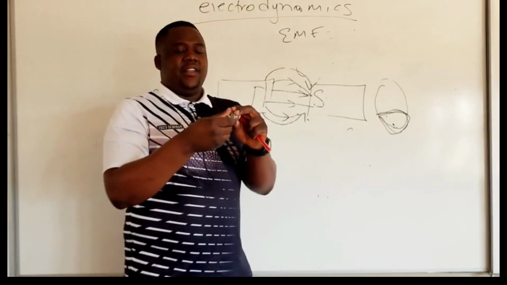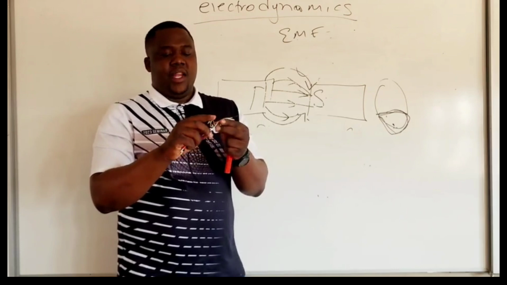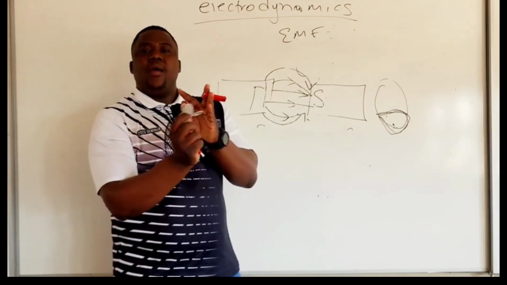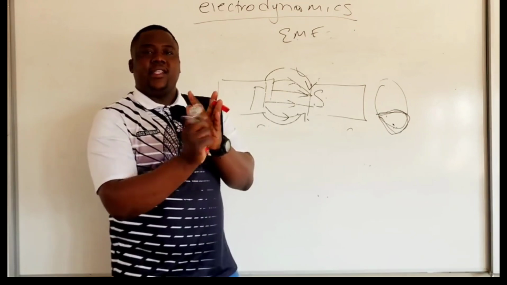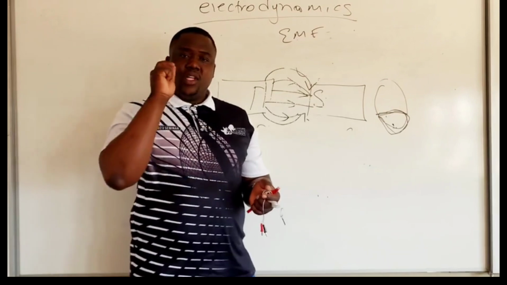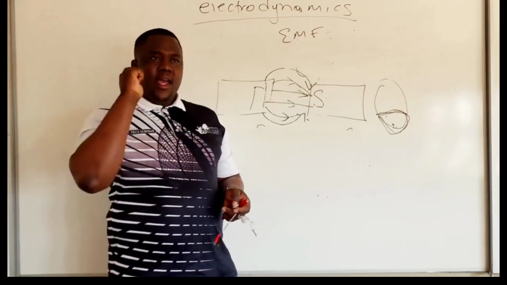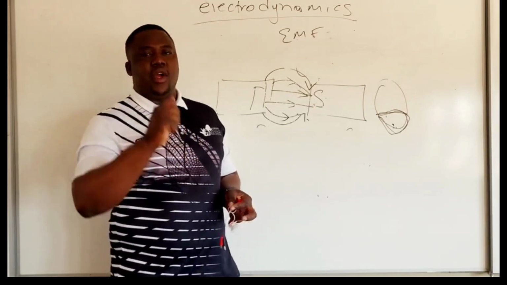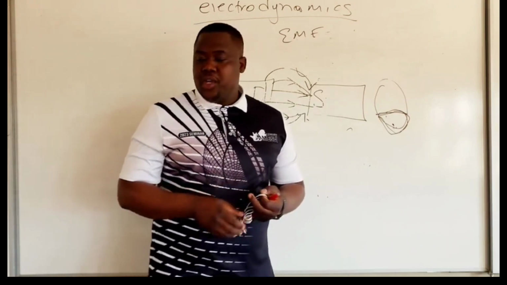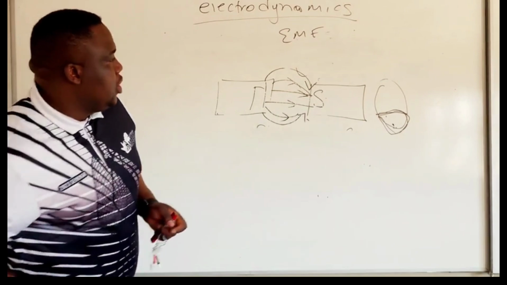So if I have this electric conducting wire, then I do what? I move it against the electric field line. What will happen? There's going to be a rise of electromotive force. There's going to be a voltage that is going to be produced. So we use the word induce.